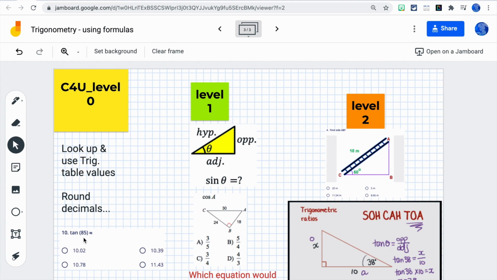Of course, you will be given the chart to look up the tangent of 85 degrees. Level 1 will ask you about the formulas, which formula to use, and when you use the formulas, the numbers that you're going to replace, and which equation would accurately solve for x. And level 2 is where you're actually going to solve for the missing side or the missing angle.